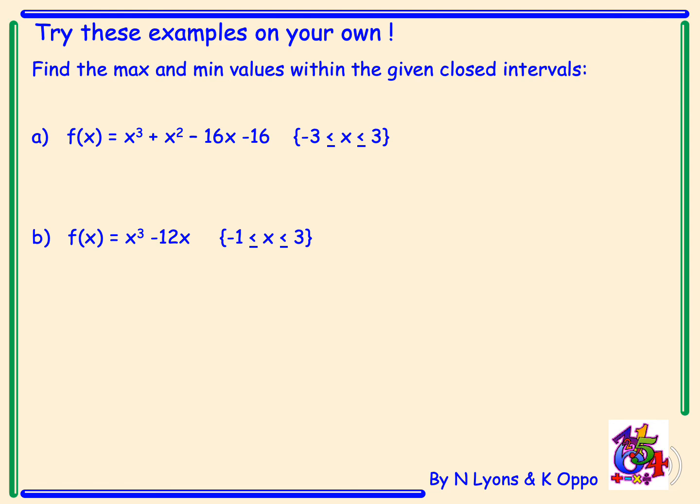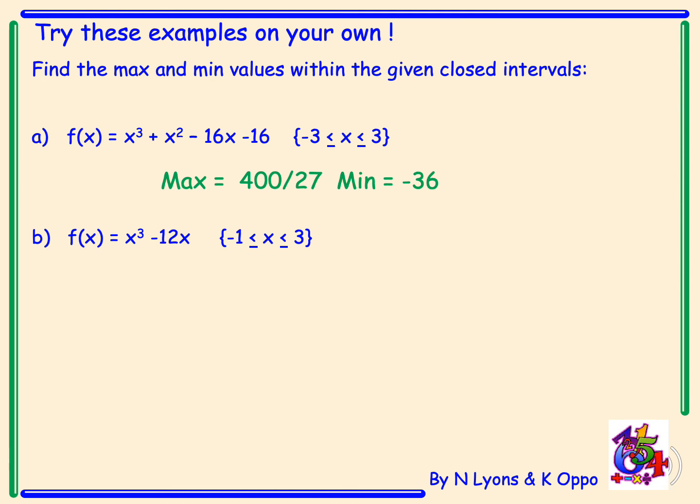Now try these examples on your own. Please pause the video. And the solutions for A: the maximum value is 400 over 27, and that occurs at a stationary point when x equals negative 8 over 3. And the minimum value is negative 36.